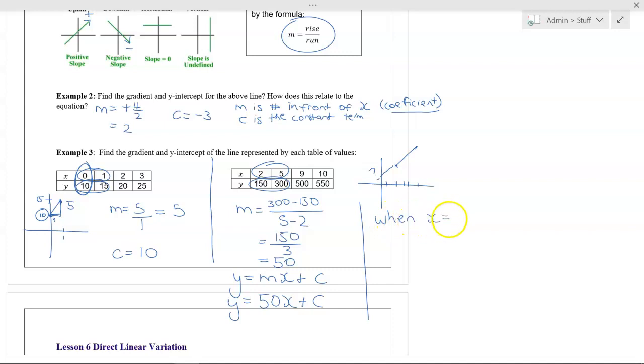So I'm going to choose when x equals 2, y equals 150, the first point there. And I'm going to plug that in. And I said it would work with any of the others, so you can choose your favourite. I'm going to plug that one into the equation. 150 equals 50 times 2 plus c. Well, that's just 100, so surely c has to be 50. Now I have my equation with my y equals mx plus c.